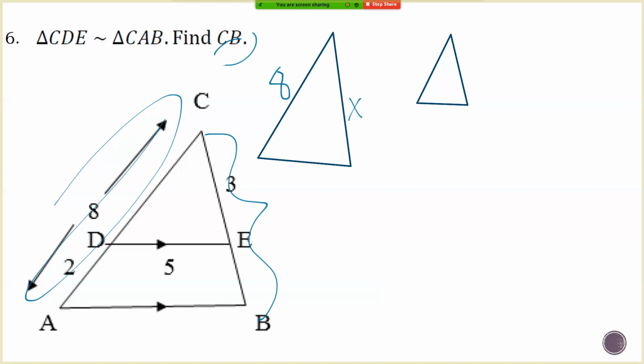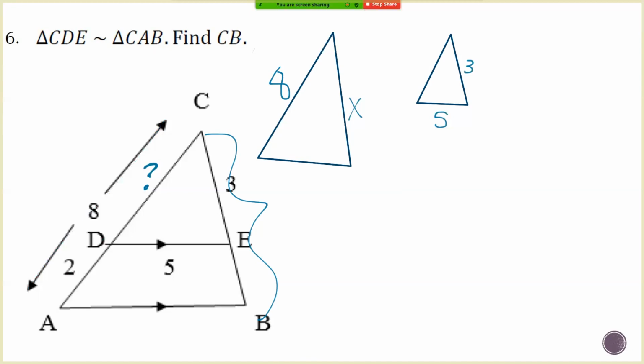Be careful with the little triangle. When I go to label the little triangle, we have 5 on the bottom, 3 on the right, but there's nothing written up here to tell us the left side. But we have enough information that we can find it.